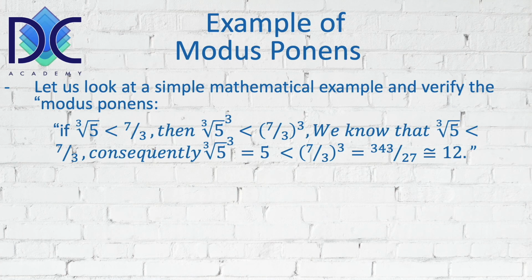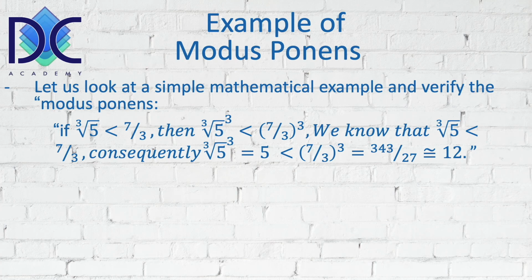We can say that if the third root of 5 is smaller than 7/3, then the third root of 5 to the third power is smaller than 7/3 to the third power. We know that the third root of 5 is smaller than 7/3. Consequently, the third root of 5 to the third power is equal to 5.